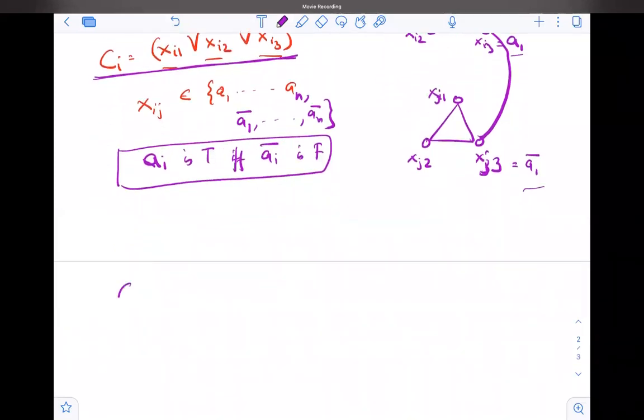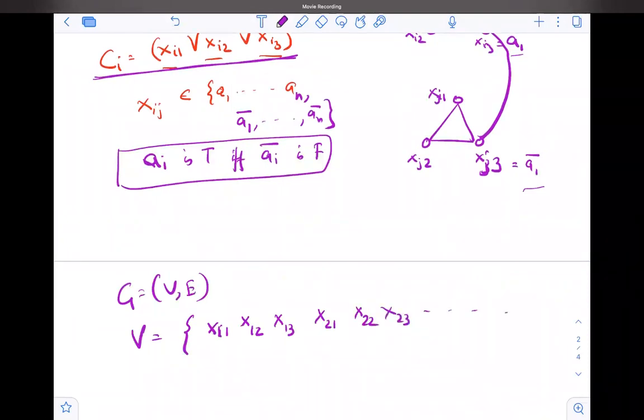So what is this graph? Let's think of it. G equals V comma E. The vertices are the set of all x11, x12, x13, x21, x22, x23, and so on till xm1, xm2, and xm3.